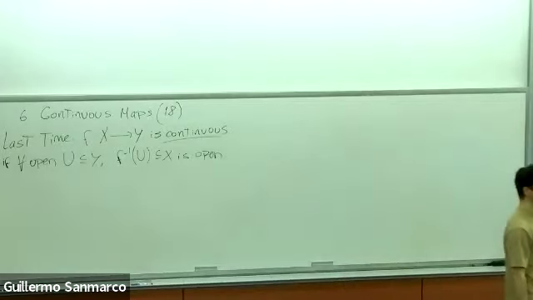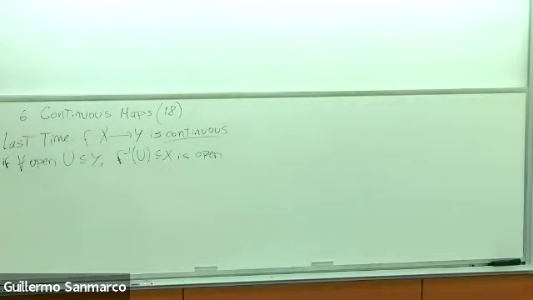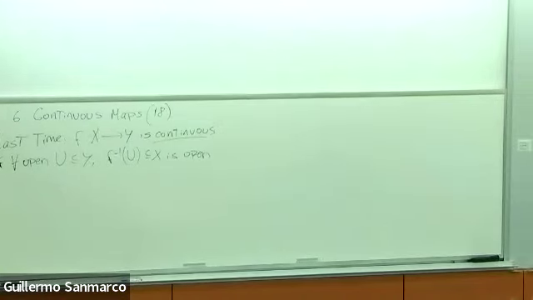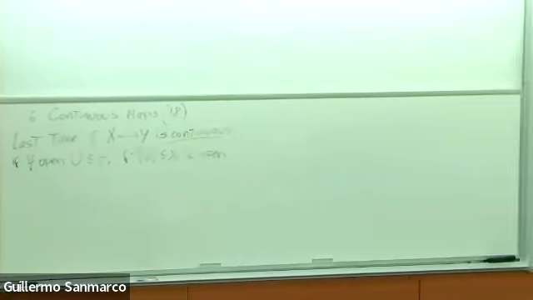So of course, that's going to depend on the topologies that we have. Let me fix this. Should be better now. Okay, so that's the main definition for this week, I should say.